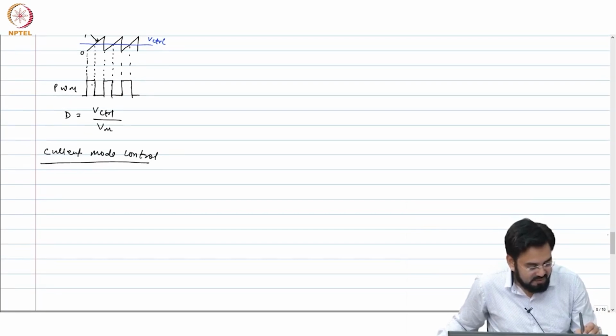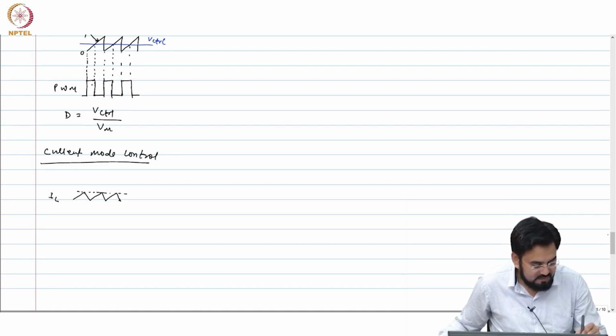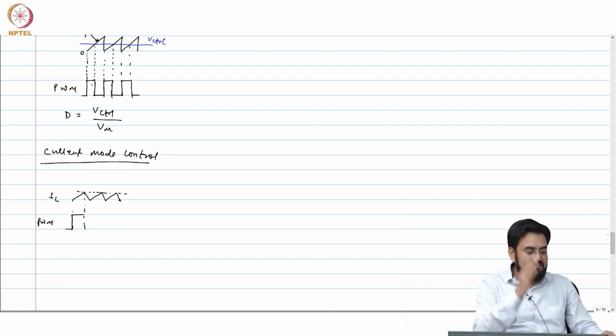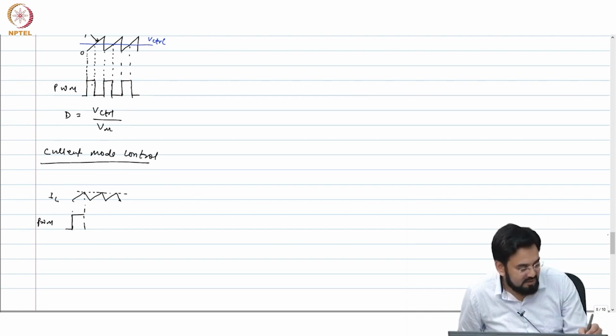So, in the current mode control, this is my IL, this is PWM. What you do actually is set your duty cycle at some clock, reset clock.